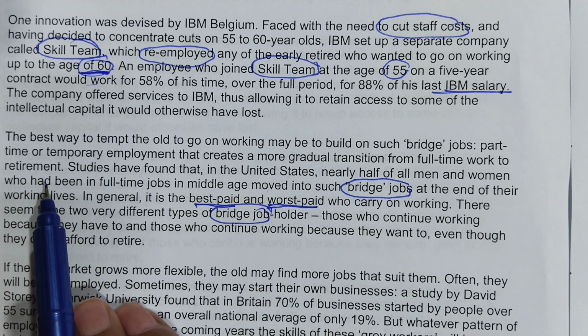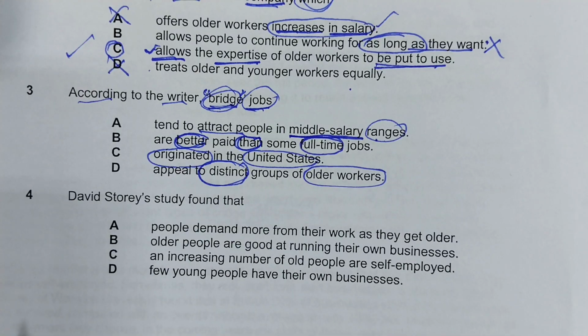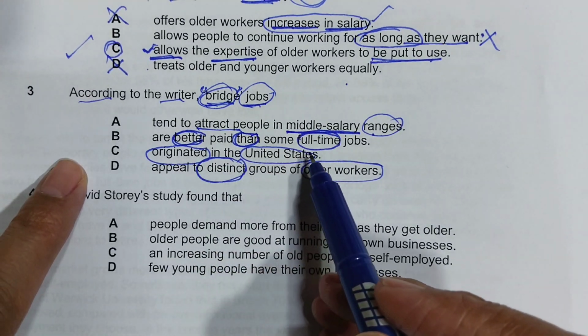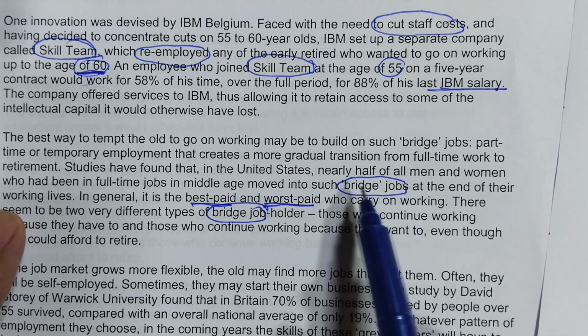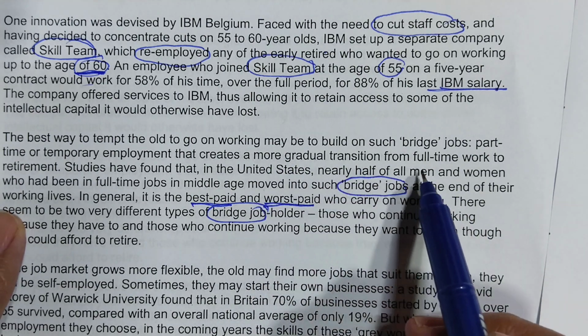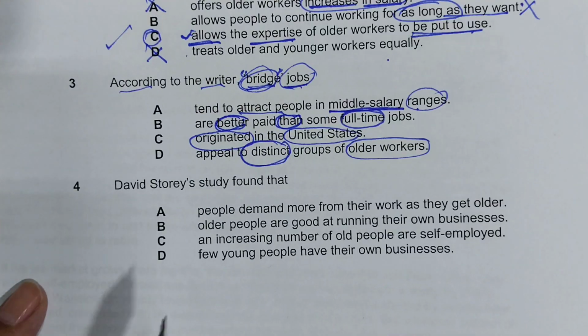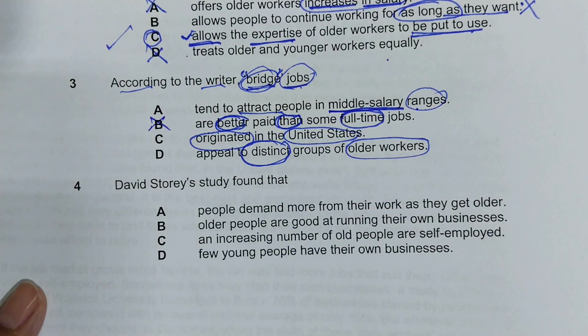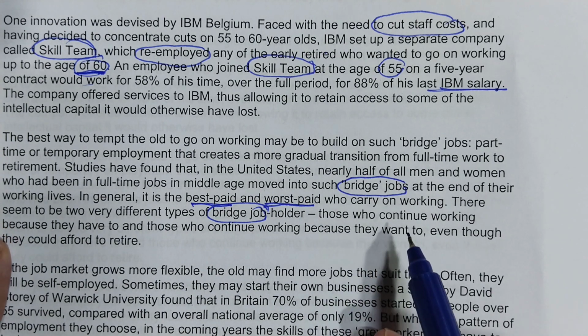And in the option they were saying bridge jobs are better paid than some full-time jobs, but they are not saying here better paid. They are saying transition. They're talking about the more gradual transition from full-time work to retirement. So it means our option B is no more part of our answer family.